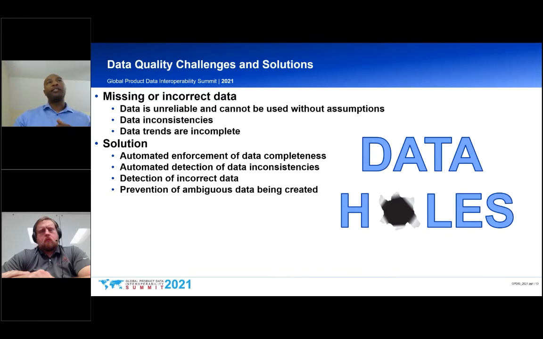So the digital thread solution to this, for systems that implement a digital thread, is to have automated enforcement of data completeness, so that before the record can be saved, you can ensure that all of the required fields are present and that there are no inconsistencies in the data.